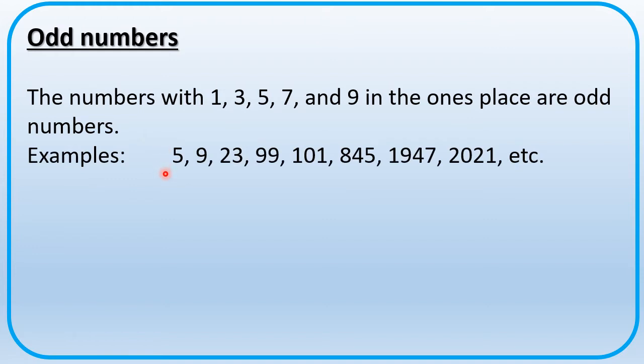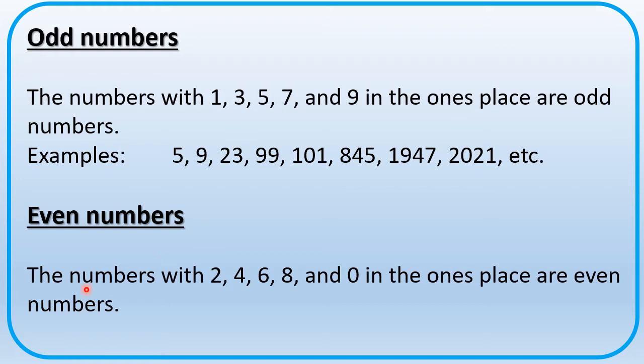Here there are some examples listed for odd numbers: 5, 9, 23, 99, 101, 845, 1947, 2021, etc. We can list many such examples. In all these numbers, we see that in ones place we have any one of these digits. Therefore, all these numbers are examples of odd numbers.